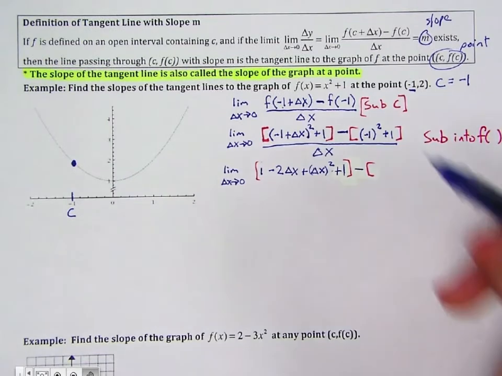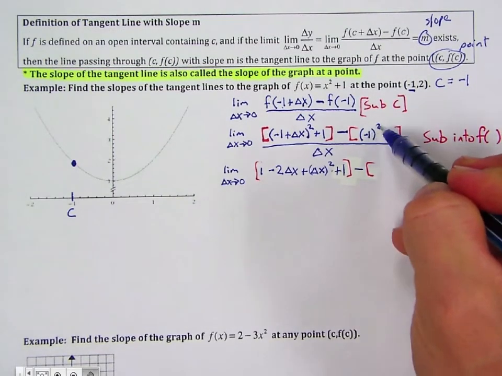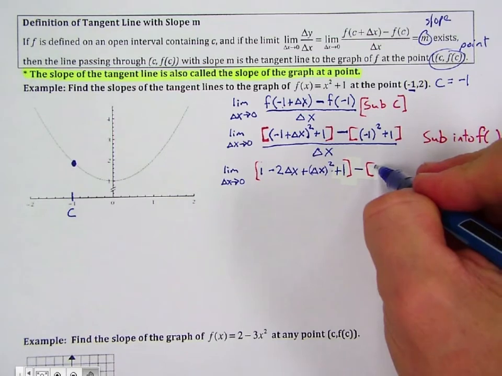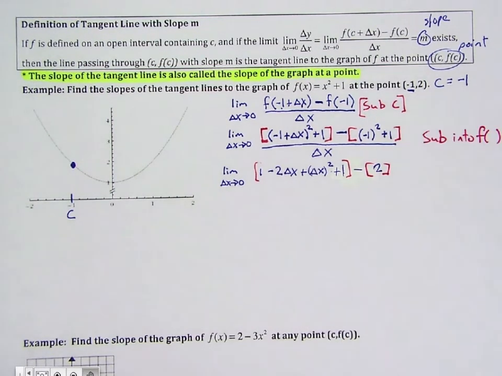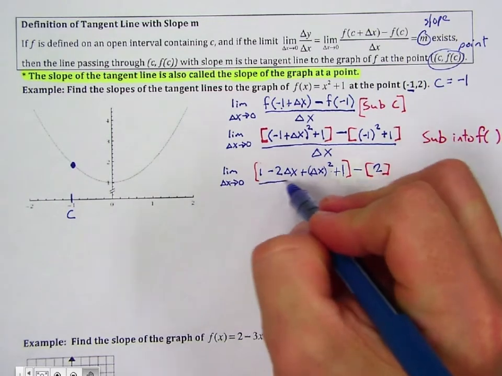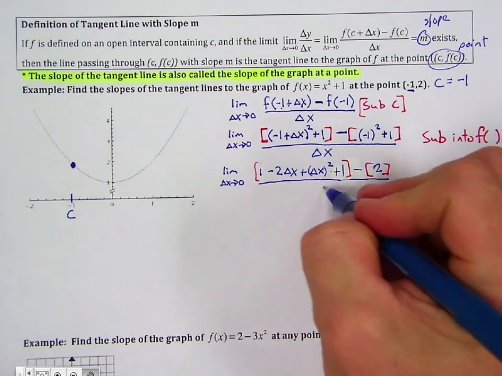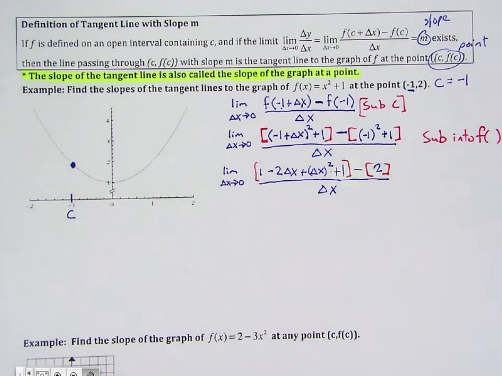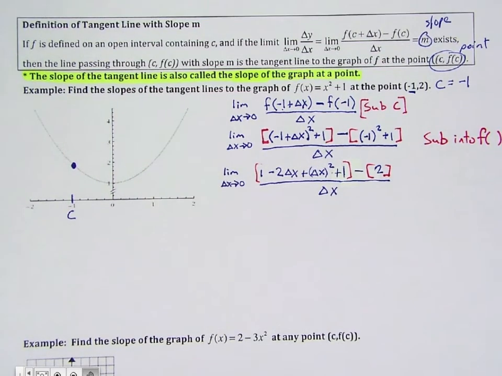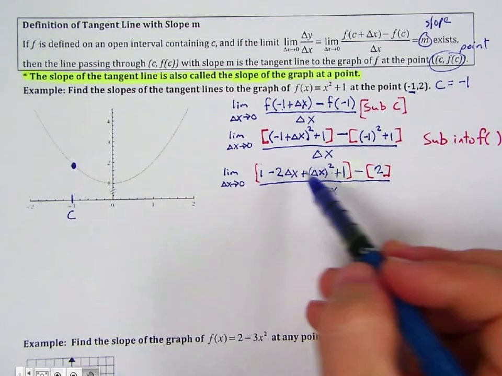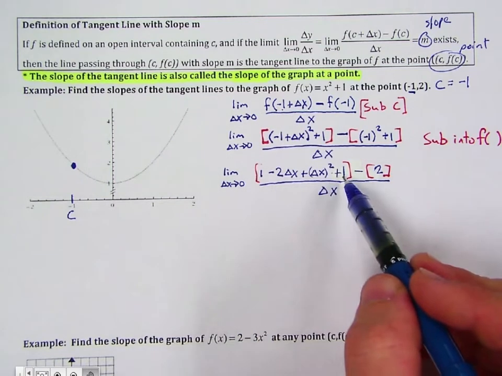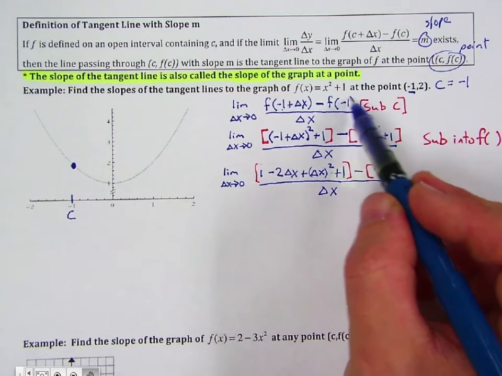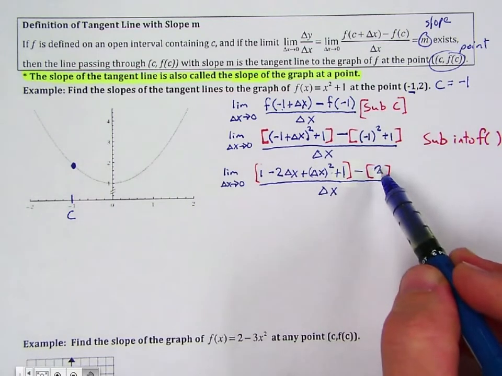Then in these red brackets, we're going to get negative 1 squared is 1, plus 1 is 2. This is all going to be over delta x. And this is always how it's going to be. With your left part, you're always going to have delta x's still in here. With your right part, since c was just a number, you're always going to get a number here.